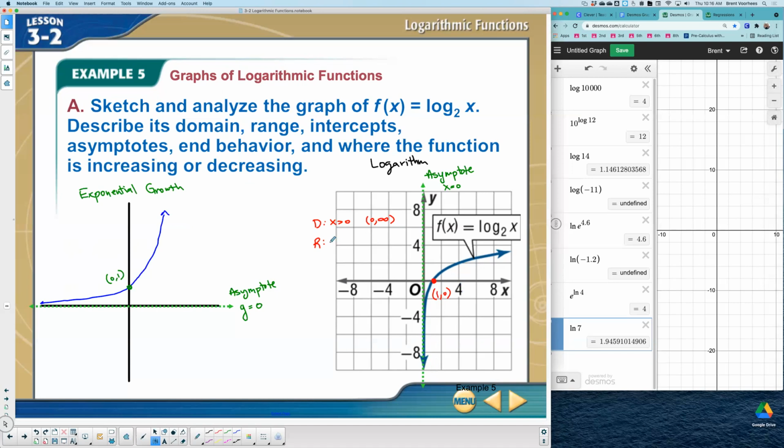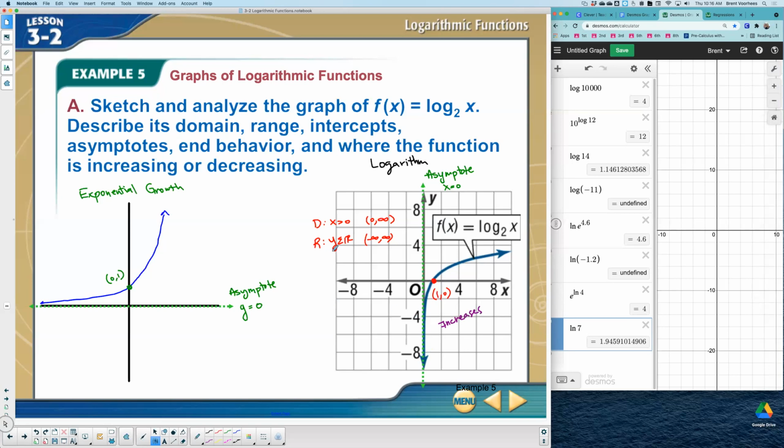So the range will be all real, or you could say from negative infinity to positive infinity. Again, these are just switching x's and y's from last class. I already did the asymptotes. Is this graph increasing or decreasing? It's still increasing. It increases on its domain.